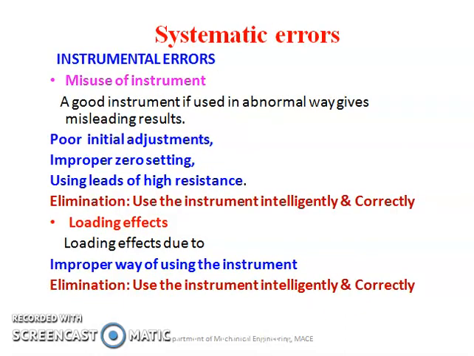The second reason of instrumental error is misuse of instruments. A good instrument, if used in an abnormal way, will give you misleading results. So it can be eliminated by intelligently and correctly using the instrument.